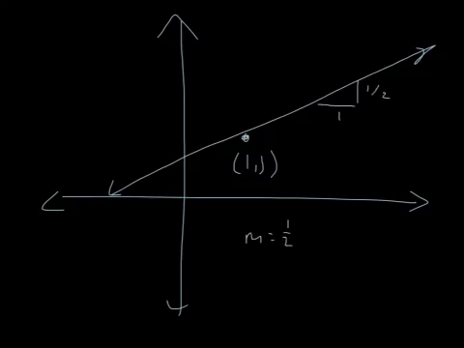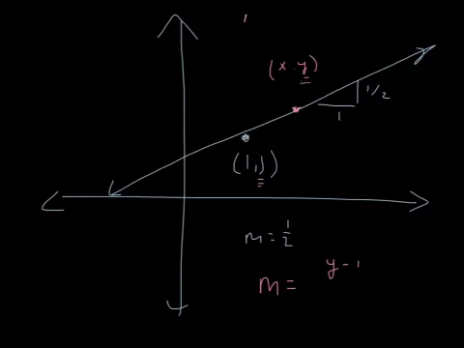Well, if I just think about any point on this line, so if I just choose some point on this line, x comma y, what I can do is say, well, the slope is the change in y. Well, my change in y is just y minus 1, because I started at 1 and I finished at y.